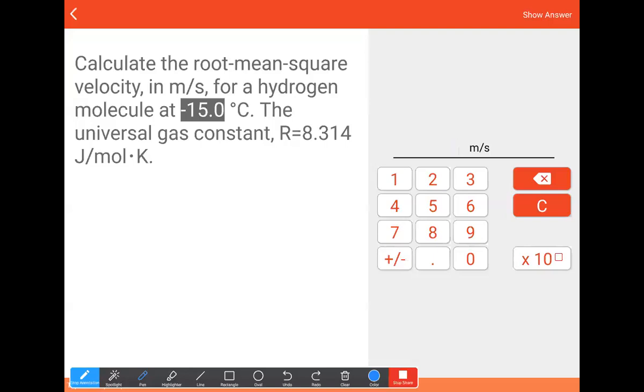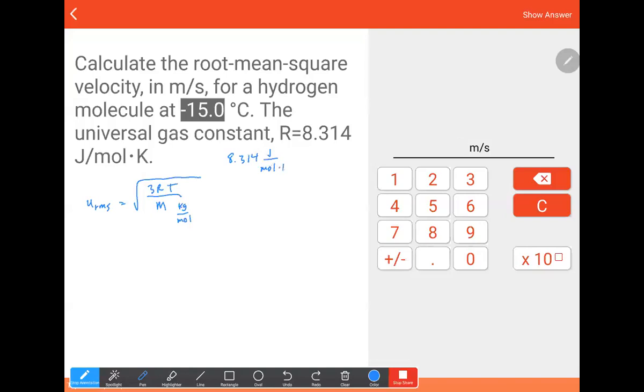And so we're going to use our equation. The root mean squared velocity equals the square root of 3RT, our gas constant, over M, which is kilograms per mole, not grams per mole. So we have to do a conversion there. R is listed here as 8.314 joules per mole Kelvin.